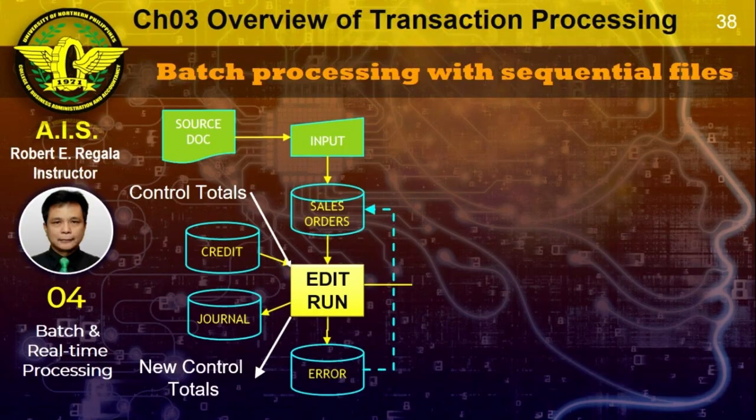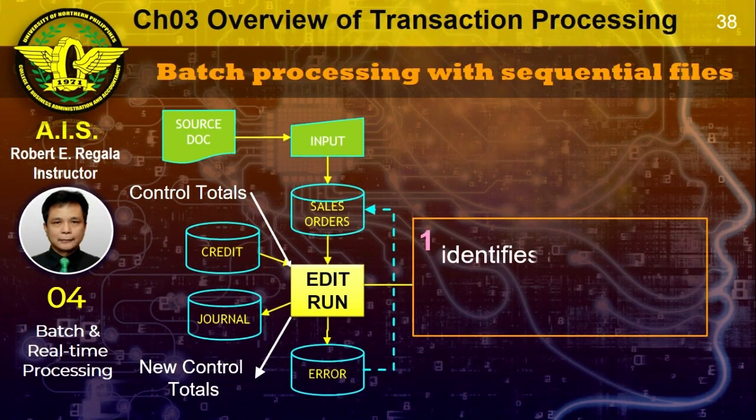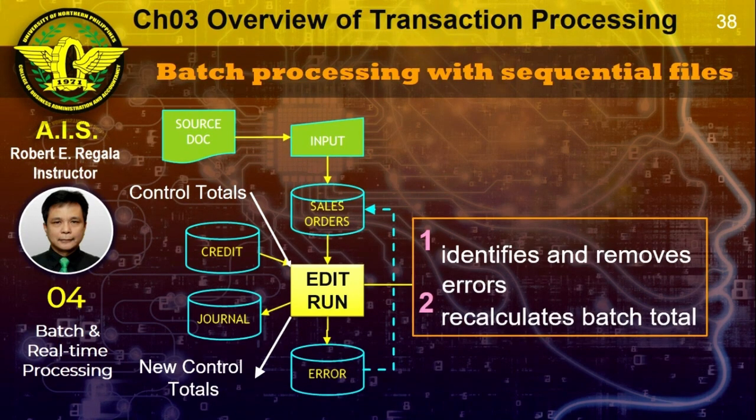The edit run. At predetermined times each day, the data processing department executes this batch process. The edit program is the first to be run. This program identifies clerical errors in the batch and automatically removes these records from the transaction file. Error records go to a separate error file, as already mentioned, and authorized personnel correct and resubmit them for processing with the next batch.